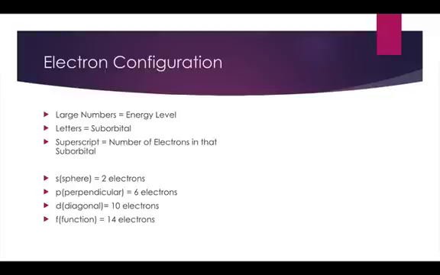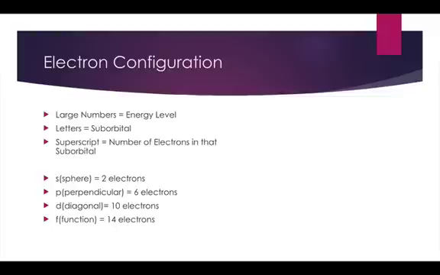So for aluminum, in energy level 1 we have 2 electrons. I can also represent that first energy level by writing 1s2, where the 1 indicates the energy level, the s is the suborbital, and I'll go over those in a second, and then the 2 is the superscript, and that's the number of electrons in that suborbital.